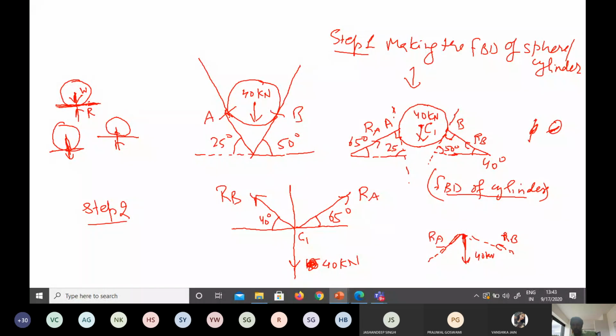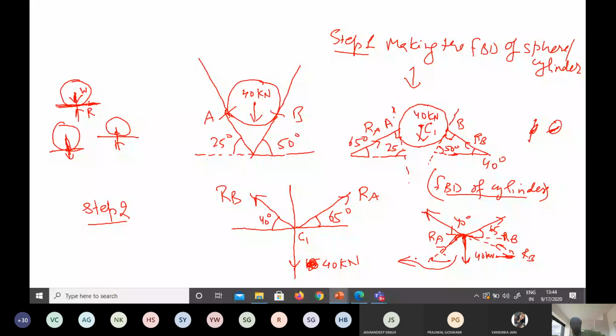What I have done is just extended this force here like that, and the angle which it is making here, definitely this is also a parallel line, so it will make the same angle here. The angle here was 65, so 65 will be there. Similarly, here it was 40, so here it will again be 40. So this is the final picture of step number 2.